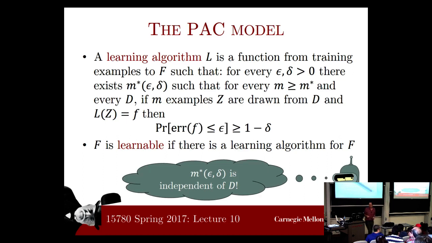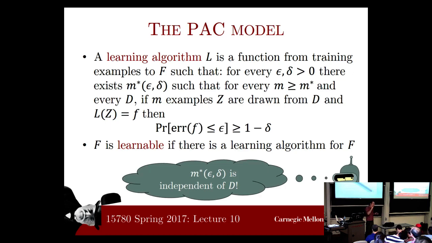Matthew? I'm sorry if I missed it, but do the m examples need to be unique? No, so the m examples are drawn from the distribution D. For example, D could give probability 1 to a single point, so you'll definitely get all of the m examples on the same point. Or it could give very high probability to some point. For some reasonable distributions and input spaces, it's very unlikely you'll get the exact same example twice, but it's definitely not part of the definition. D is some distribution, we could get the same examples.